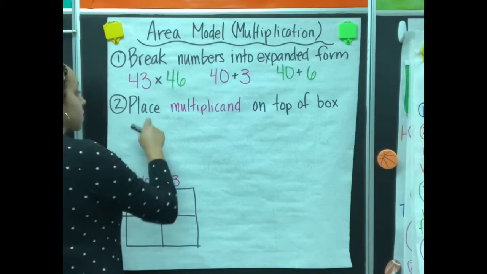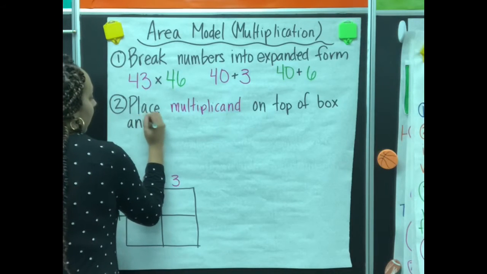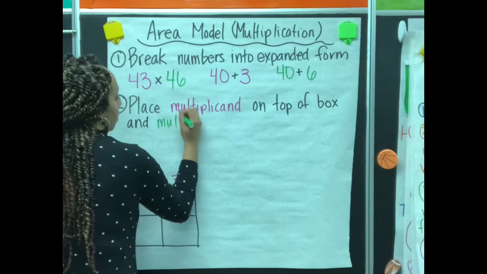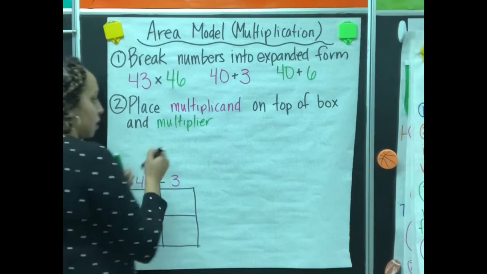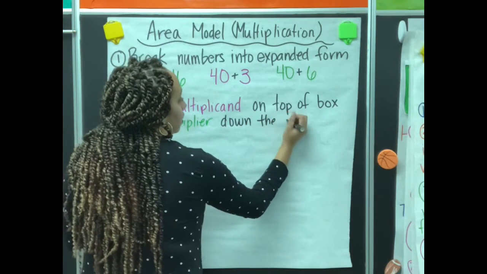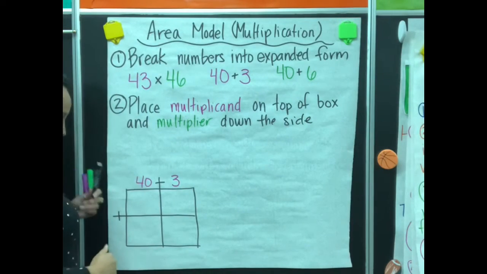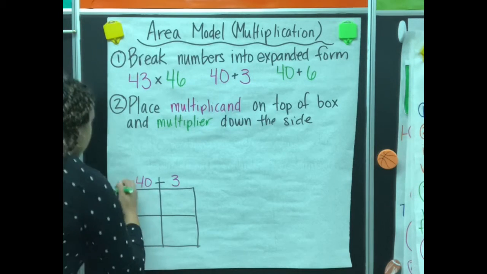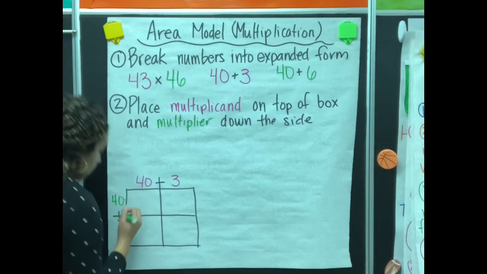So step number 2 says place the multiplicand on the top of the box and the multiplier down the side, okay? And the side is going to always be the left side, so we're clear. So we're going to place the multiplier down the side. Well, that is 40 plus 6.